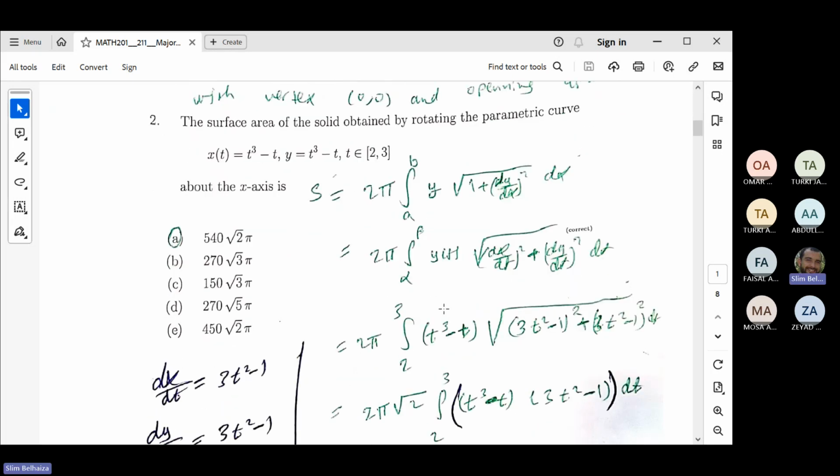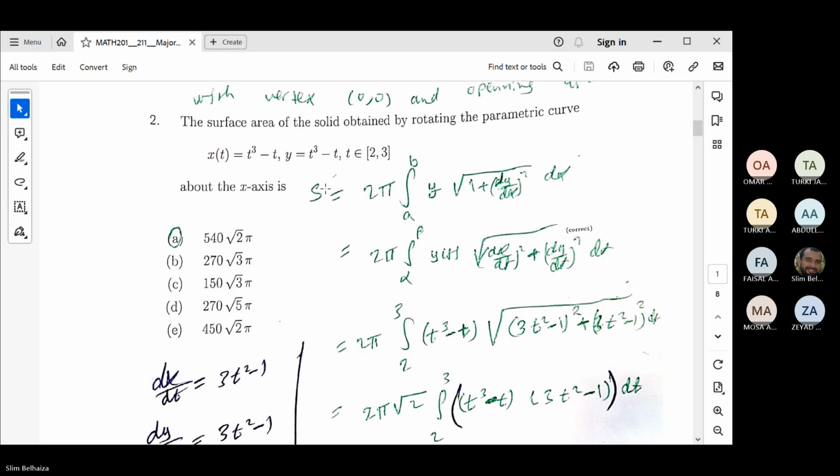Okay, next question, question 2. We have the surface area of the solid obtained by rotating the parametric curve. I think it's section 10.3, if I'm not wrong. We have the parametric curve given by x of t equals t cubed minus t, and y equals t cubed minus t.